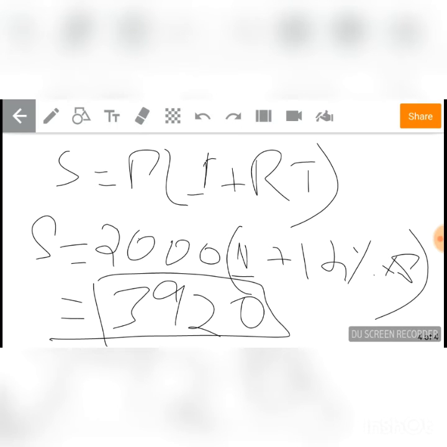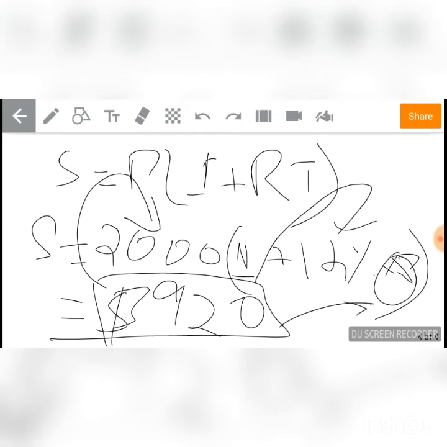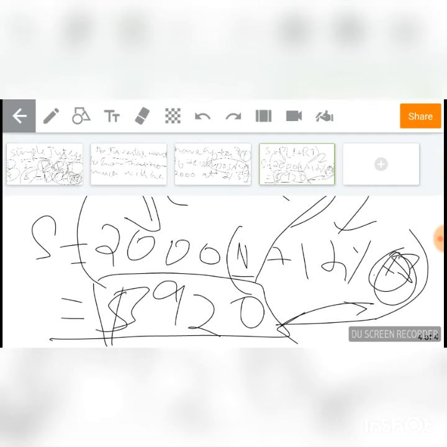The investor will have this amount after 8 years if the bank is giving this interest rate and if he is depositing this amount in the bank. Okay, so this was the application, the formula, and the example of simple interest.